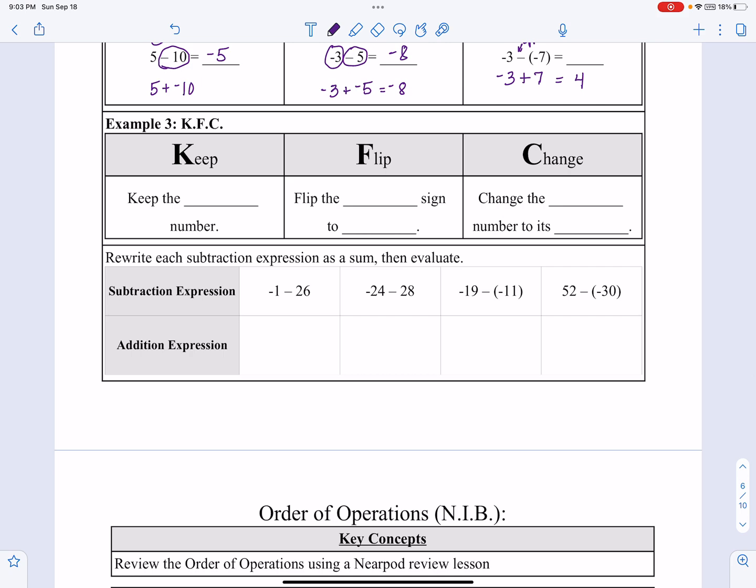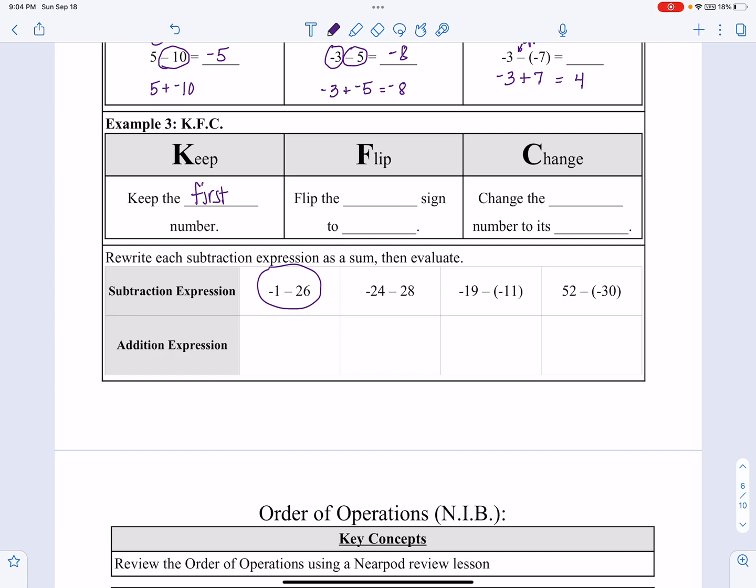This is another trick plenty of people use called KFC, and it's called keep, flip, change. If you have trouble understanding the concept of this, it can just be another trick to help you solve subtraction integer expressions. So here's the trick. You keep the first number exactly how it was. As I'm talking about it, let me talk through this with you. So we'll look at this one right here.